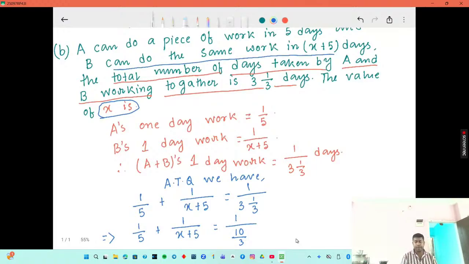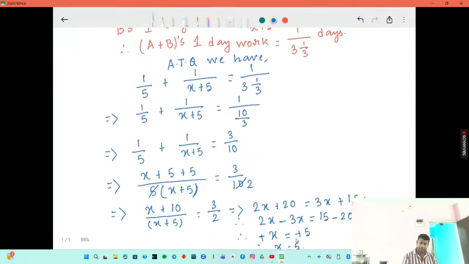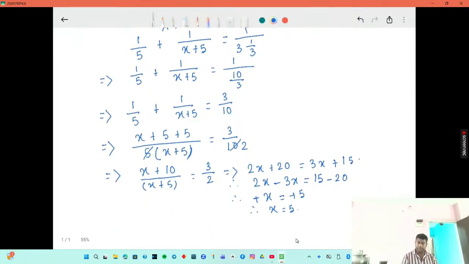So in order to find the total time taken by B to complete the same work, we have to add the value of x with 5 more days. And if we add the value of x with 5 more days, then we are getting the answer as 10.